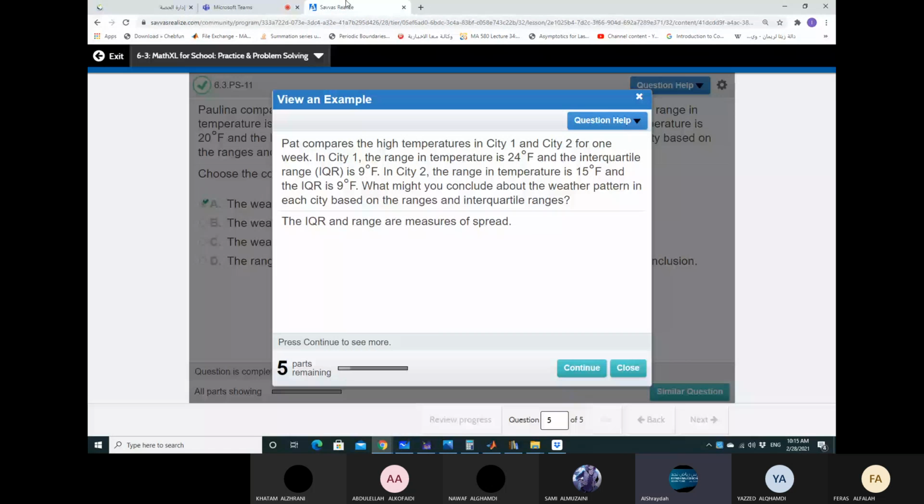Khatam, good morning. So Pat compares the high temperatures in city 1 and city 2 for 1 week. In city 1, the range in temperature is 24 degrees Fahrenheit, and the interquartile range is 9 degrees Fahrenheit. In city 2, the range in temperature is 15 degrees Fahrenheit, and the interquartile range is 9 degrees Fahrenheit.